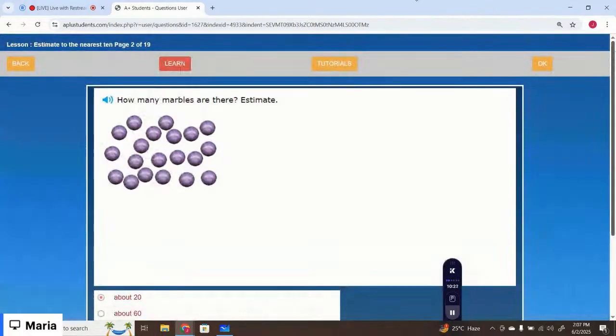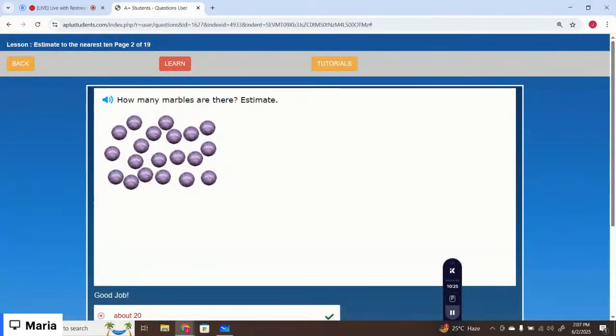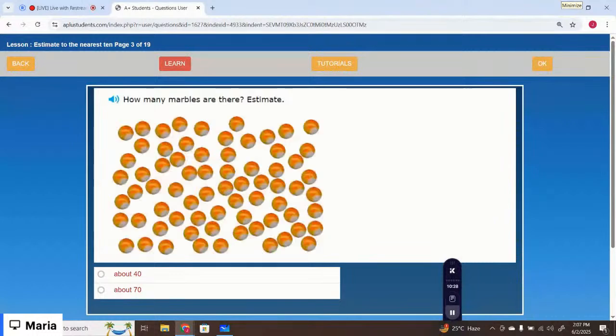How many marbles are there? About 40 or about 70, which is the correct option? About 70, option number two is the correct option.